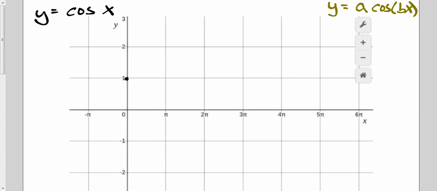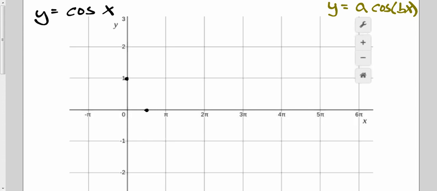When x equals pi over 2, and that's halfway between 0 and pi, cosine equals 0, so we're going to put a dot there.